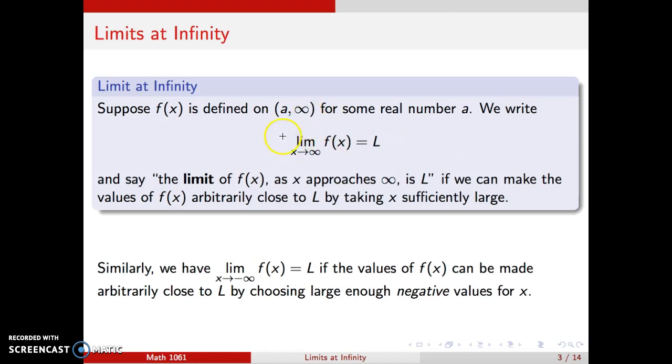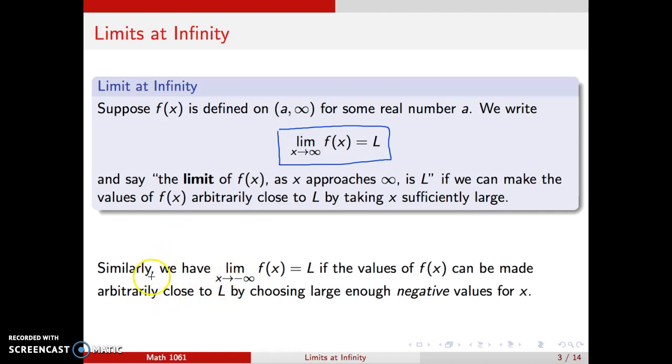So we write this, and we say the limit of f of x as x approaches infinity is L. So we use the same type of language. And we say that if we can make the values of f as arbitrarily close as we want to L by taking x sufficiently large.